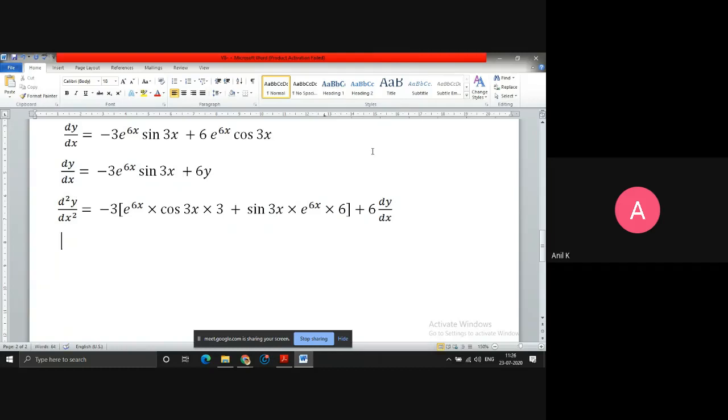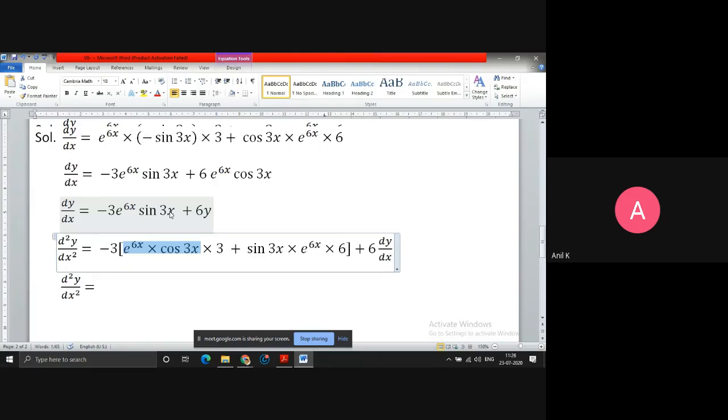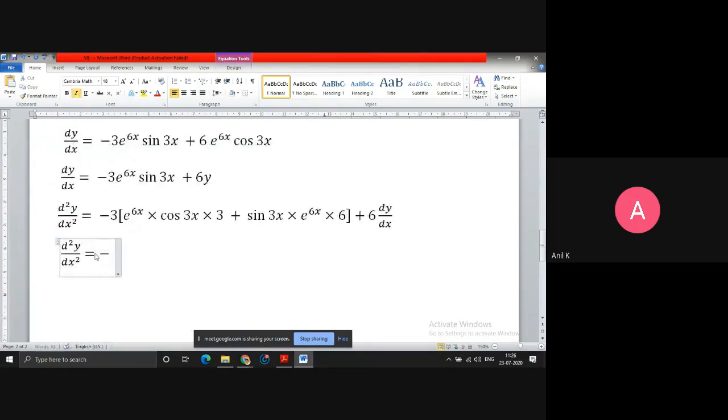So you'll get d square y by dx square. Do not leave it like this. Further simplification we can do. Again you have e power 6x into cos 3x, which is nothing but y. So you can write it as minus 3y. Already you have one more 3 here, so 3 into 3 will be 9. You will get minus 9y. This minus 3 will multiply with this term also.